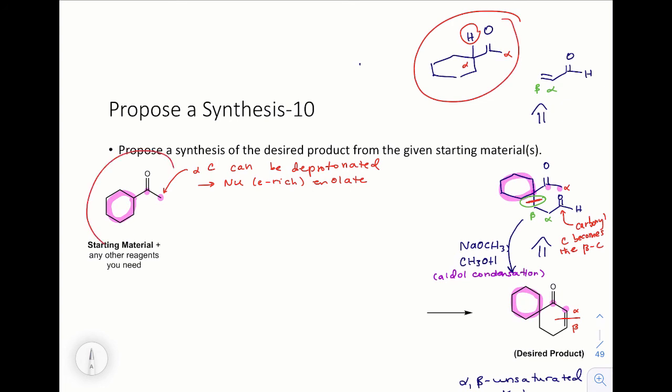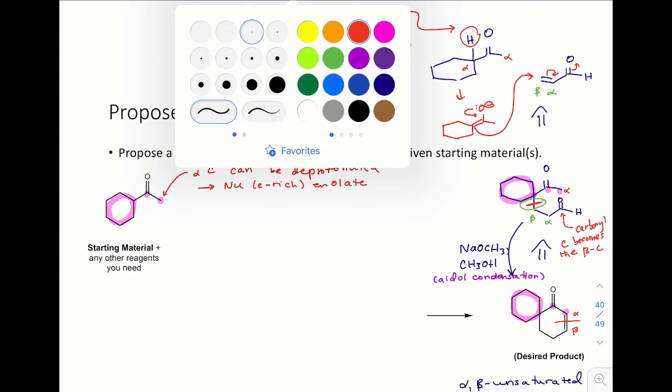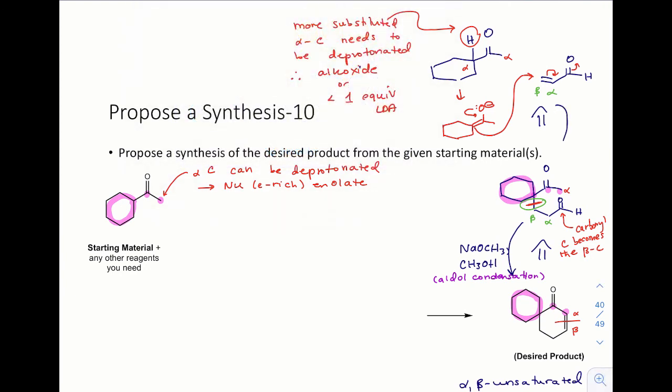This ketone, of course, is the one that is given to us as starting material. An enolate plus an alpha beta unsaturated ketone. So the enolate as a nucleophile for addition to an alpha beta unsaturated ketone, that's a Michael reaction. And we're proposing a Michael reaction followed by an aldol reaction.